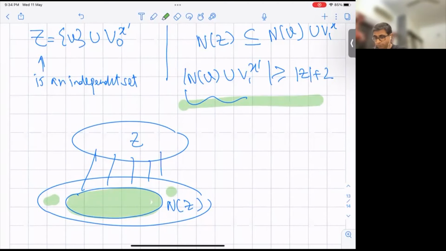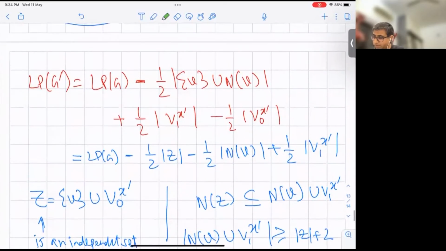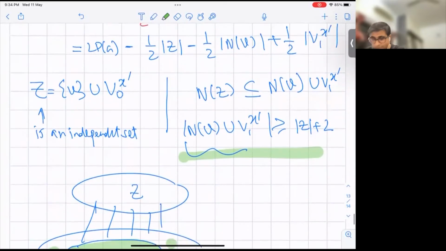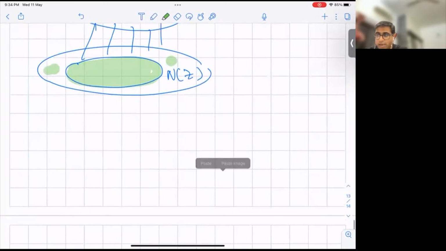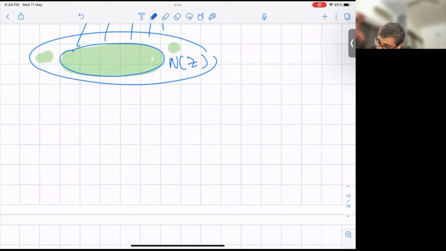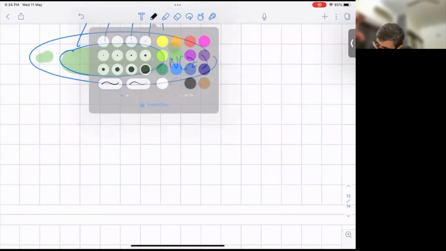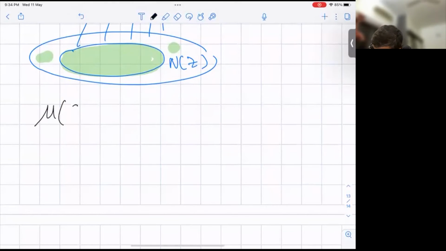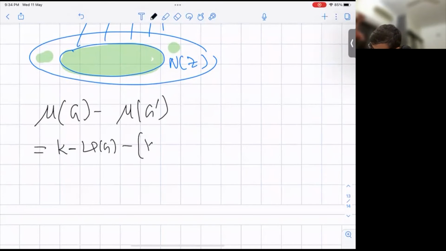Okay. Now, having observed that, let's go back and try to understand our measure. So what is our measure? The change I wanted to study is mu of G minus mu of G prime. And what is this? K minus LP of G. And what is this?